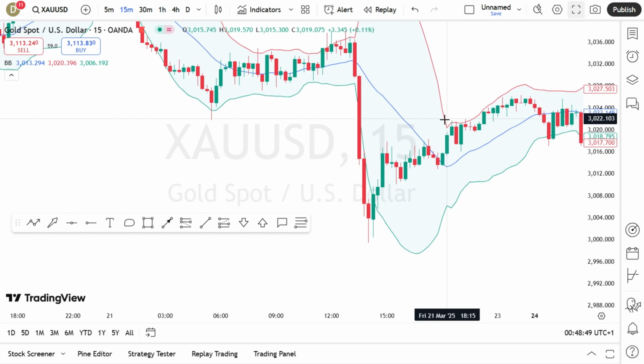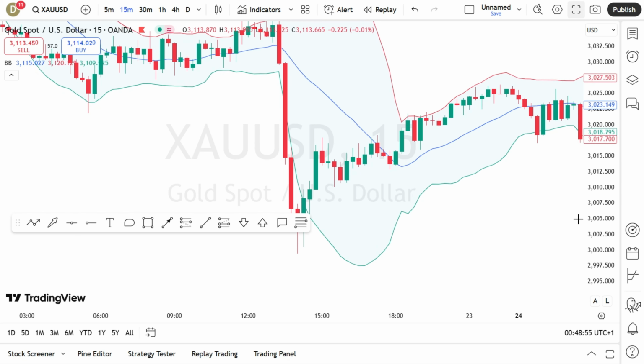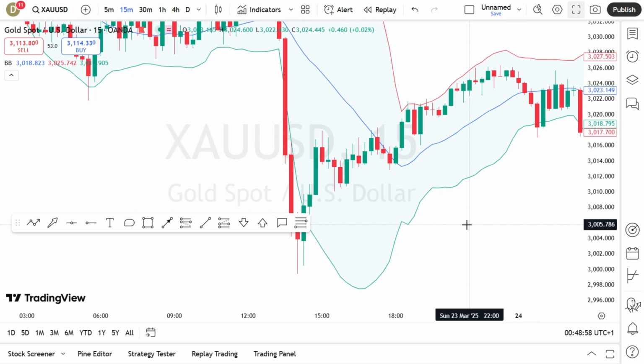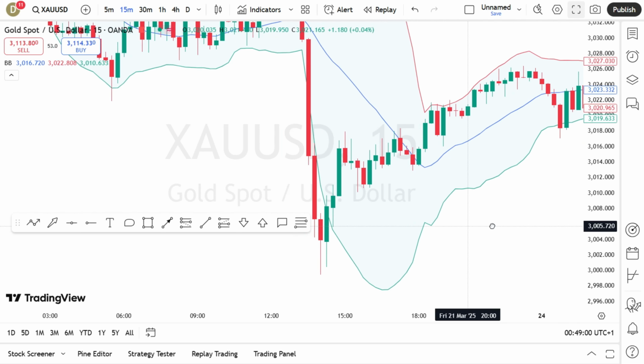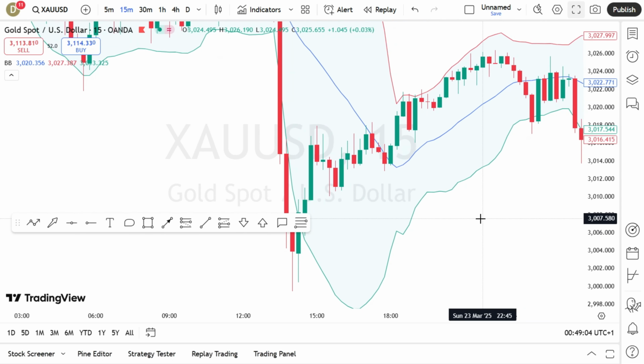So when the market expands, or when there's higher volatility in the market, and the bands have expanded, wait for price to touch the lower band.